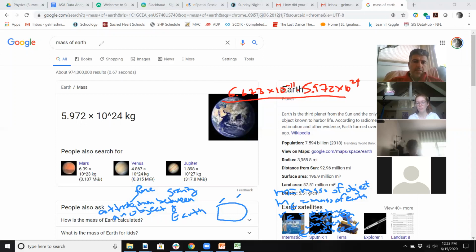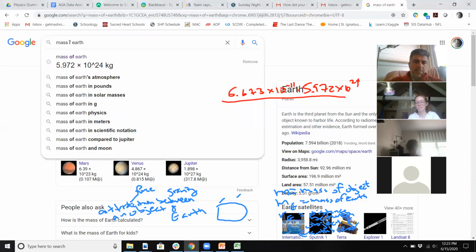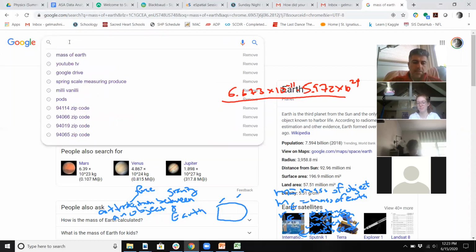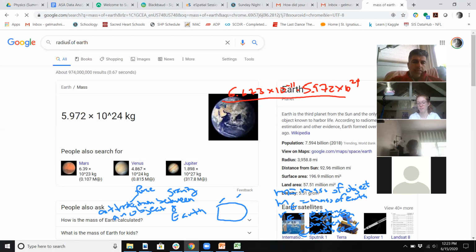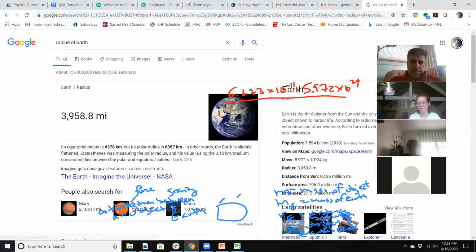Radius of Earth: 3,950, that was in miles, so I'll change that to meters. So you have 6,378,000 meters, squared.